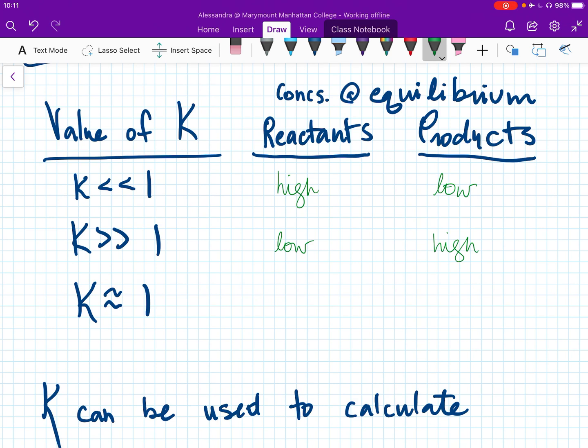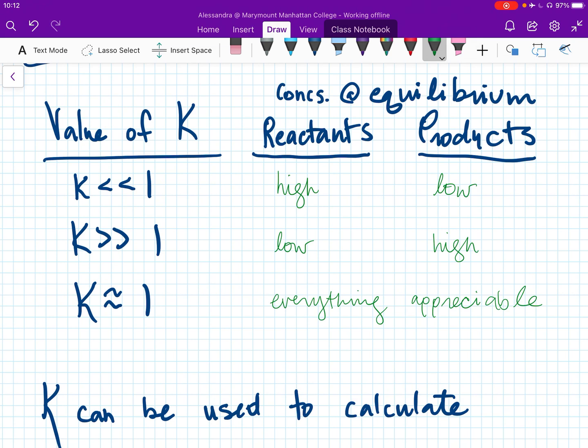If K is about equal to 1, that means it's pretty balanced. It depends on the stoichiometry of the reaction, but you have a decent amount of everything. We can say that both reactants and products are appreciable at equilibrium. So the magnitude of K gives you an idea of whether equilibrium lies towards reactants or towards products for a given reaction.